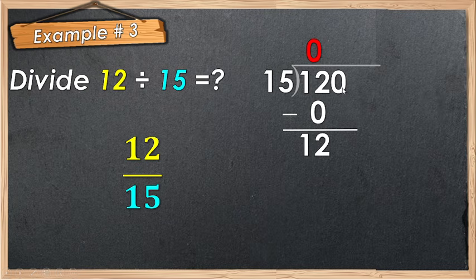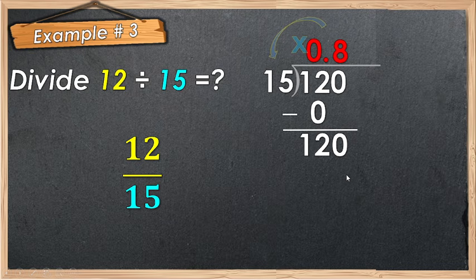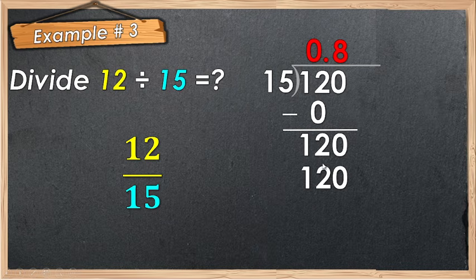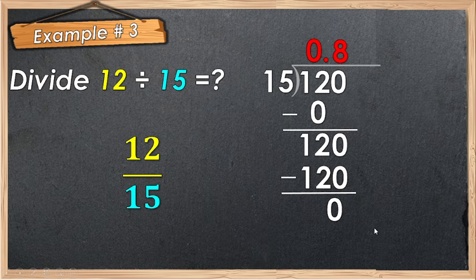Then add 0 and place the decimal point. Bring down 0. Therefore, we have 120 divided by 15. The answer is 8. Then 8 times 15 is 120. Then 120 minus 120 is 0. Until you get the 0, that would be the answer. So 12 divided by 15, the answer is 8 tenths or 0.8. This example is a terminating decimal number.